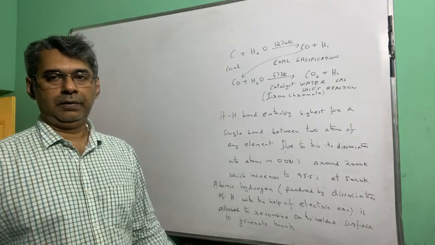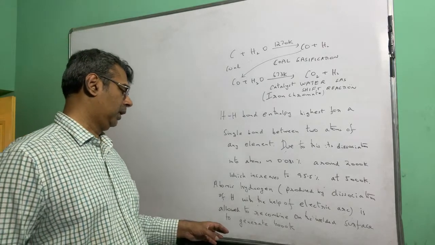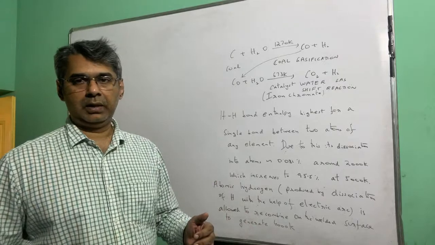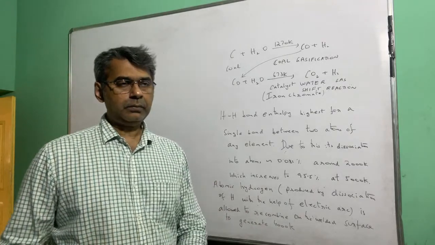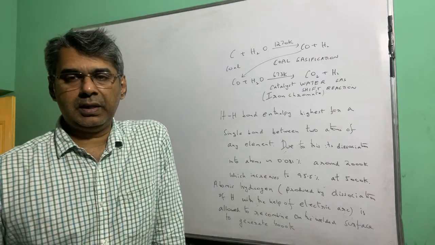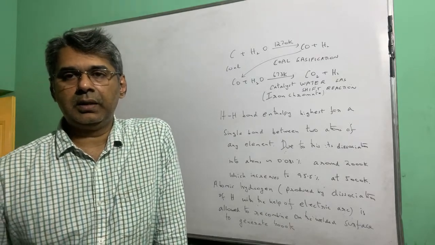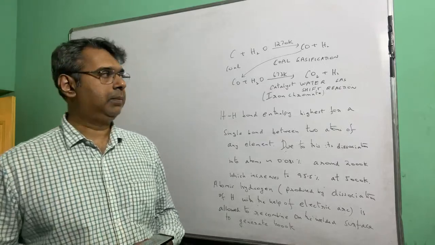So if you allow atomic hydrogen to recombine on the welded surface, then you will get 4000 Kelvin. So this is very important. It has got application in welding. Okay, this particular feature has got application in welding.